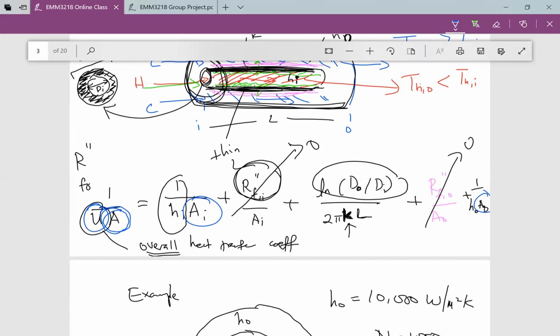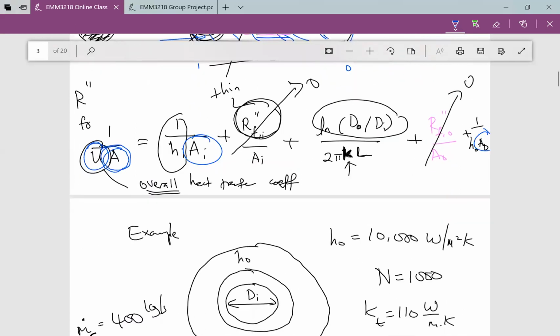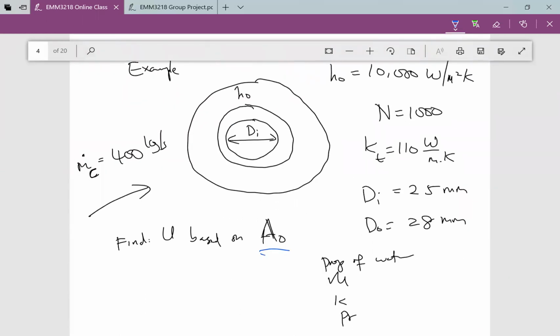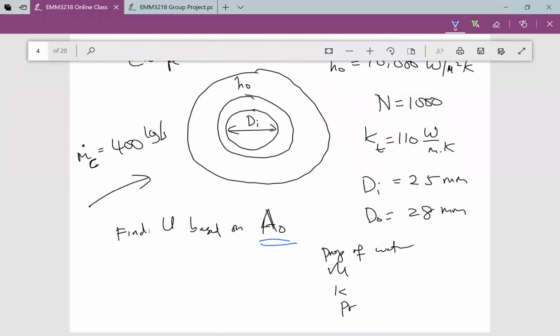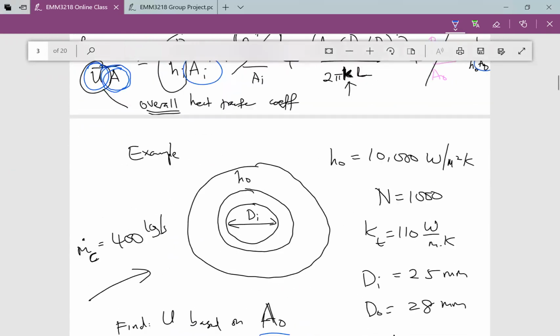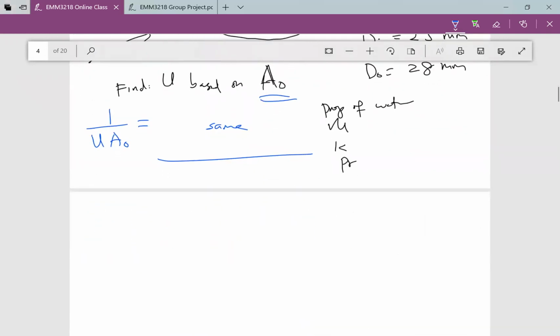So which one? When the question explicitly mentions that the U is based on outer surface area of the tube, it means that the equation is actually 1 over U A outer. The rest is actually the same as this equation. And what it means is that you want the U.